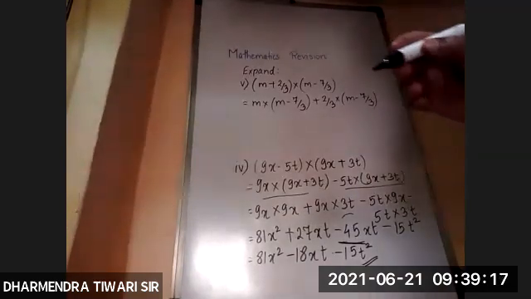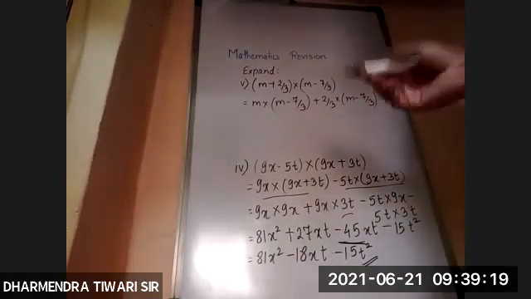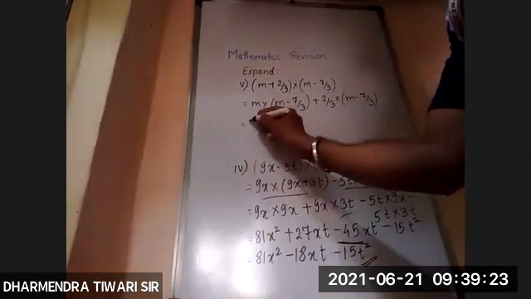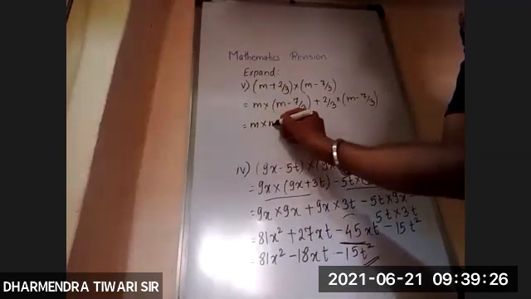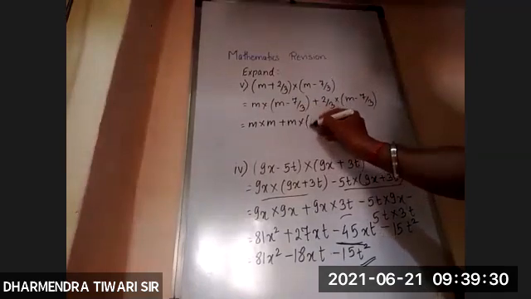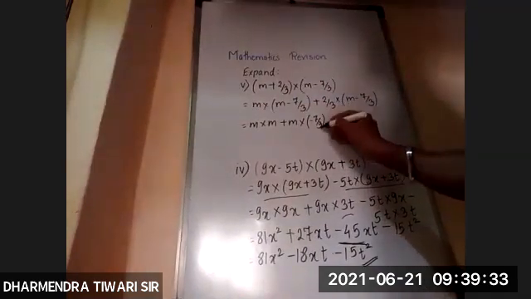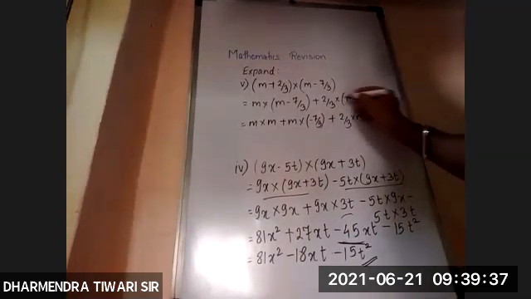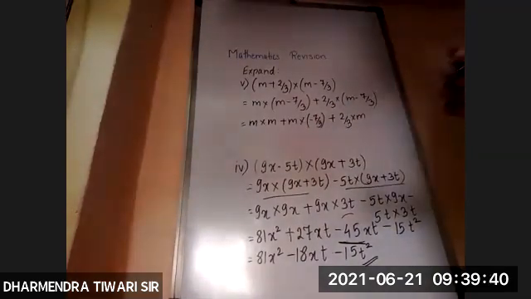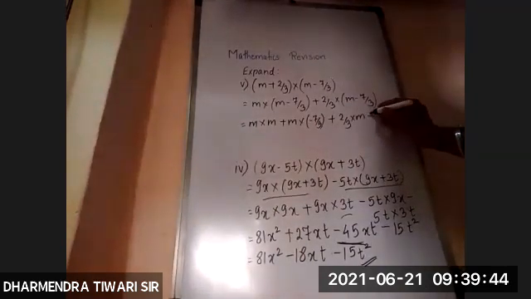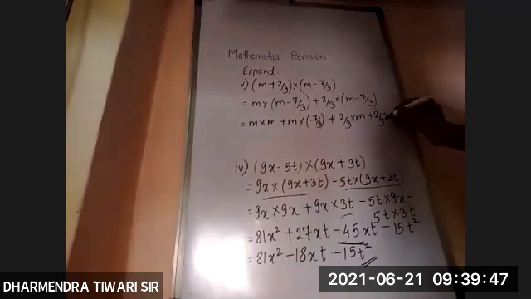Now just apply this multiplication distributes over subtraction. So M multiplied to M plus M multiplied to minus 7 by 3 plus 2 by 3 multiplied to M. We can see calculations are very easy. Plus 2 by 3 multiplied to minus 7 by 3.